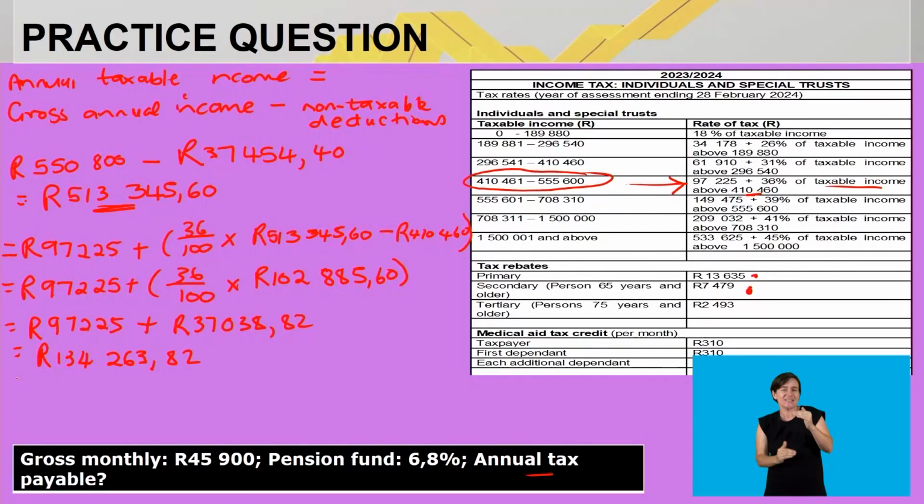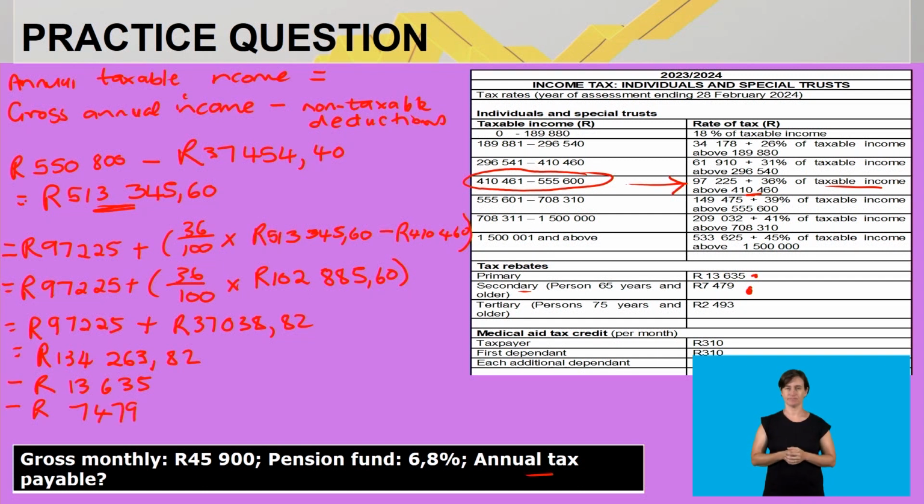So I'll say minus my primary rebate of 13,635 rand, as indicated on the tax table. We also indicated that this taxpayer qualifies for the secondary rebate, so I'll say minus the 7,479 rand as well.